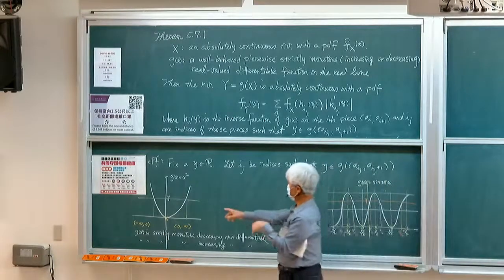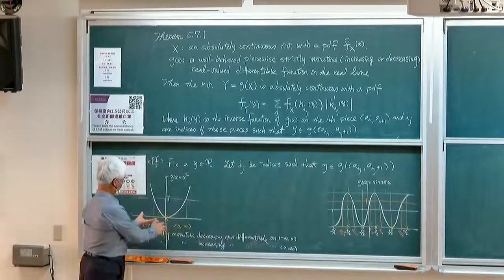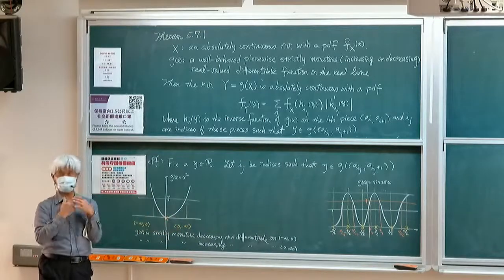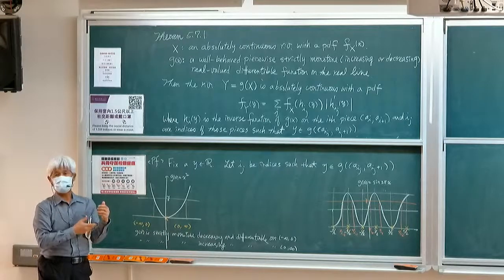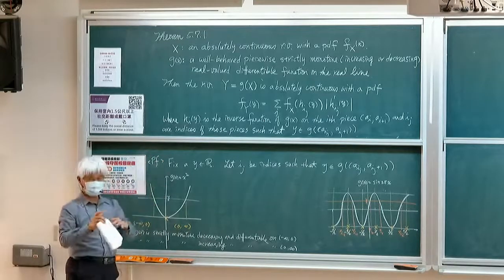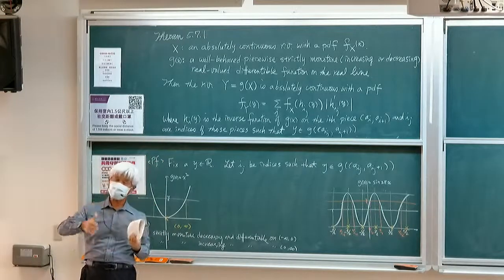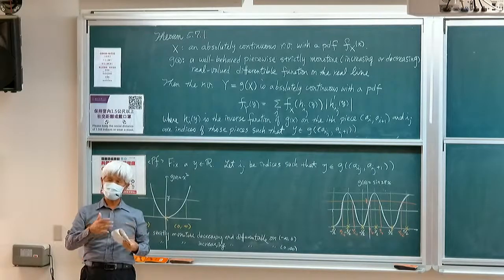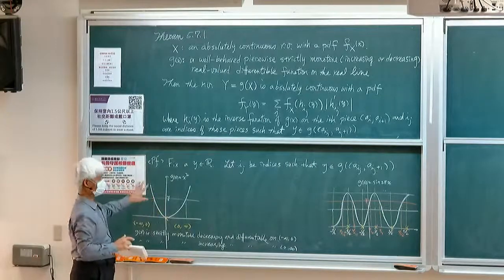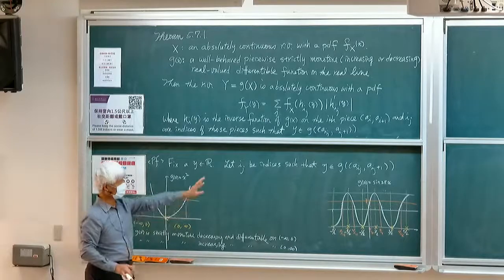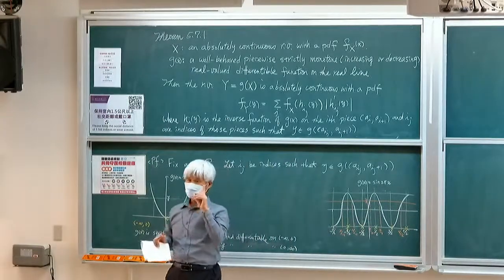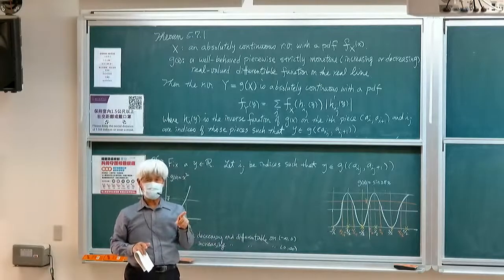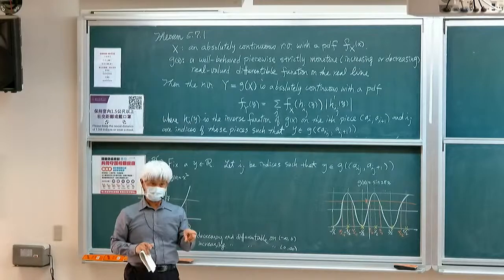And this one, of course, is well behaved. Why? Because we have only 2 pieces. So if the function can be divided into finitely many pieces, then this function will be well behaved. Only when you have infinitely many pieces, you have to check whether this data processing function g of x is well behaved or not.